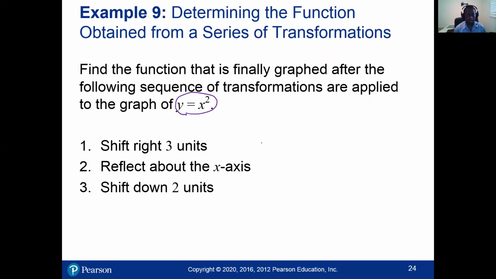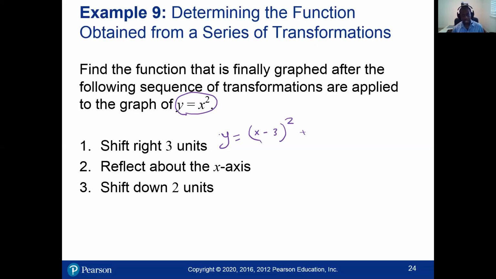Then what will be the function? We have y is equal to, now remember, a horizontal shift has to be inside. So this will be x, and this is 3. Since it's going to the right, what will be the sign between x and 3? It will be negative. Okay, so that is what we have.